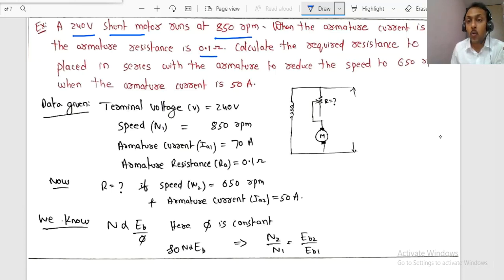Calculate the required resistance to be placed in series with the armature to reduce the speed to 650 RPM when the armature current is 50 amps.